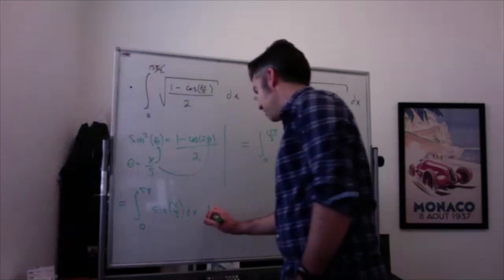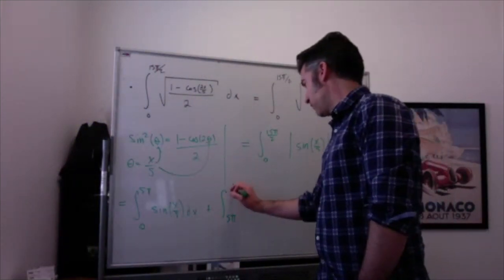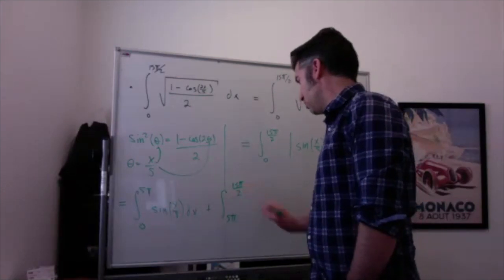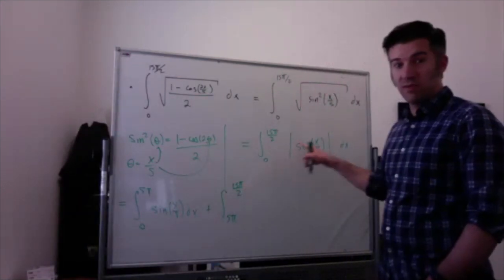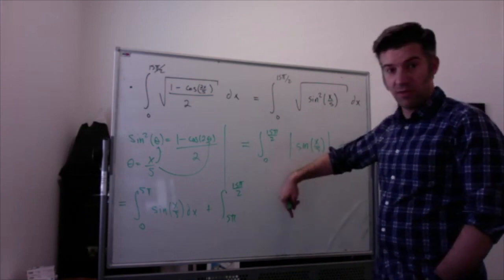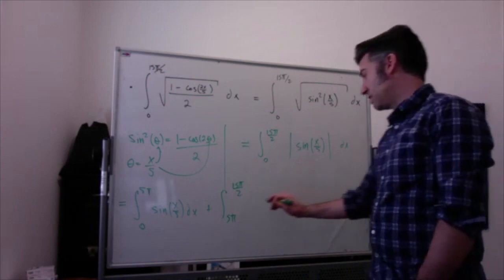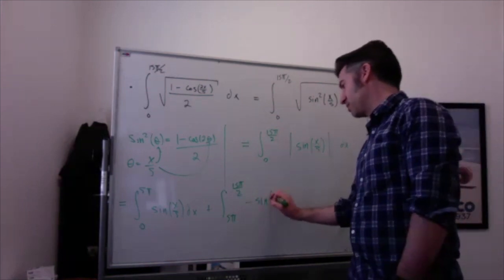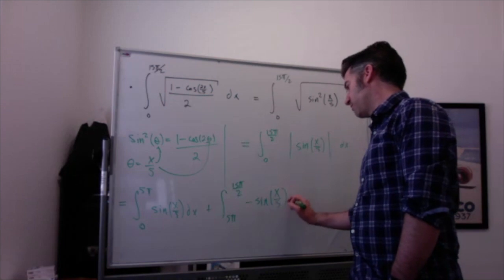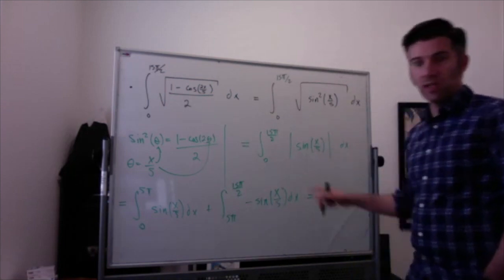And then the rest is from 5 pi to 15 pi over 2. 15 pi over 2 divided by 5 is 3 pi over 2, which is the end of the third quadrant. So this goes from the second quadrant to the third quadrant where sine is negative. So we need a negative sine of x over 5. How exciting. Questions about this?